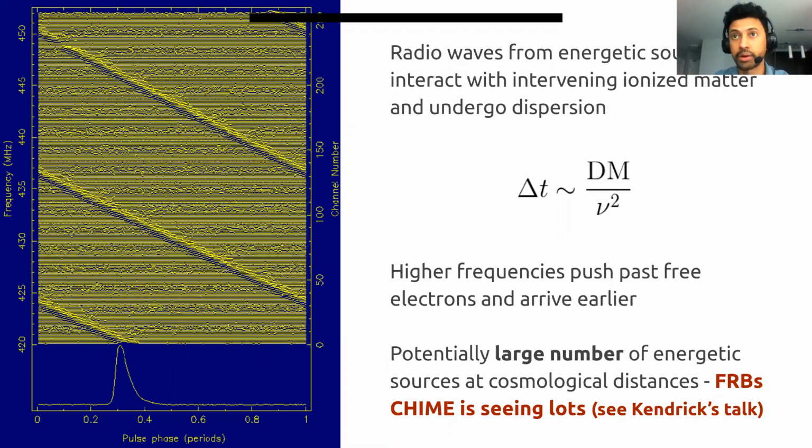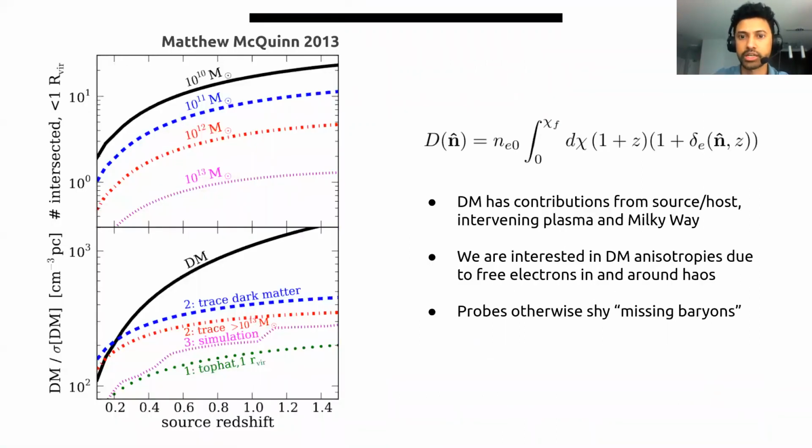And so the CHIME experiment, as you'll hear from Kendrick's talk coming up next, is seeing lots of these. And so we really want to ask, can we use the fact that the dispersion measures are probing the integrated line of sight density of free electrons to break this degeneracy? That's what we explored in a paper.